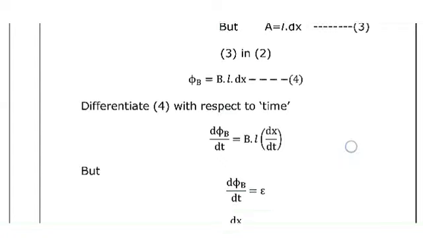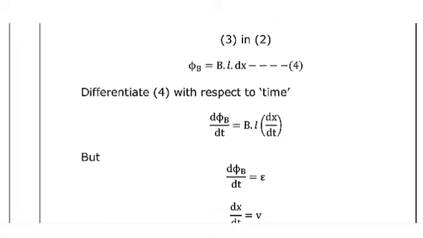Next, differentiate equation 4 with respect to time. So what happens to equation 4? d by dt of phi B is equal to d by dt of B L dx. Our next step is d phi B by dt is equal to, I will take BL this side, so BL into dx by dt.